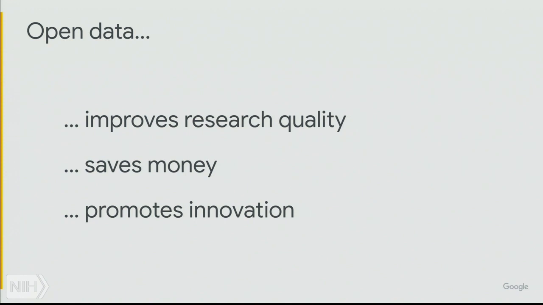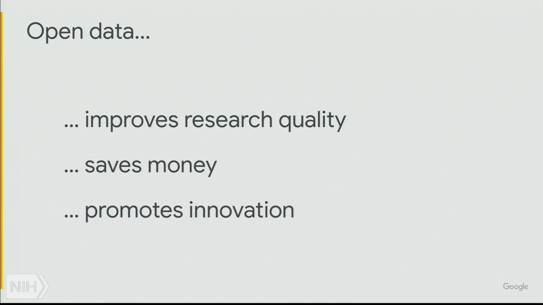Okay, so let's start with open data. We know from various studies that open data does improve research quality. There have been papers showing that papers that include shared data have fewer statistical mistakes. We know it saves money. We know that research done reusing existing published data sets saves a large number of taxpayer dollars.